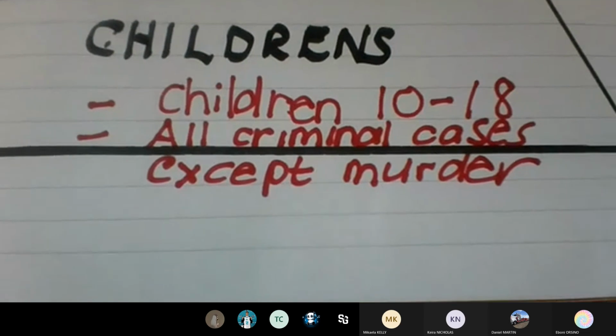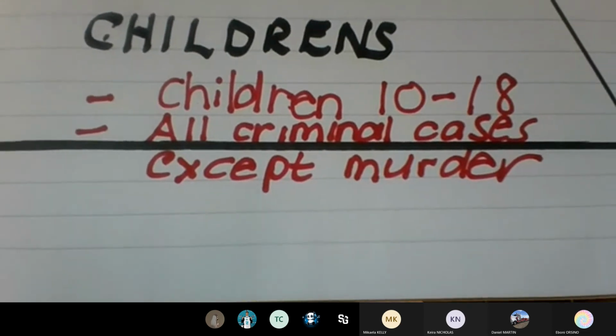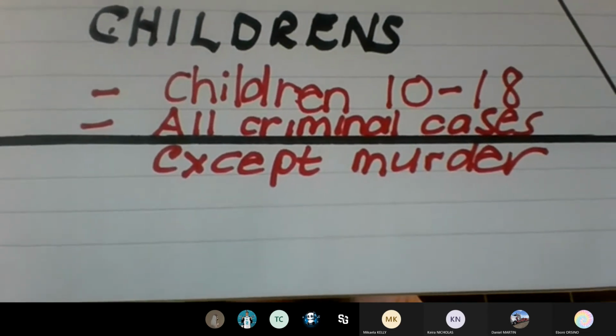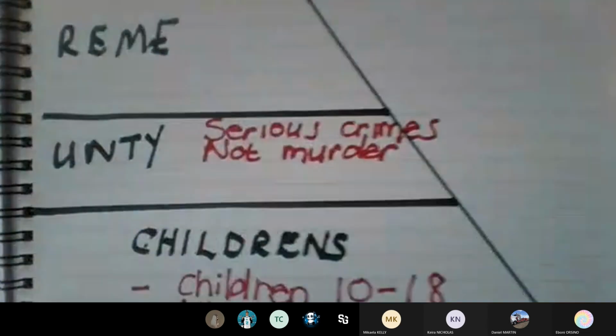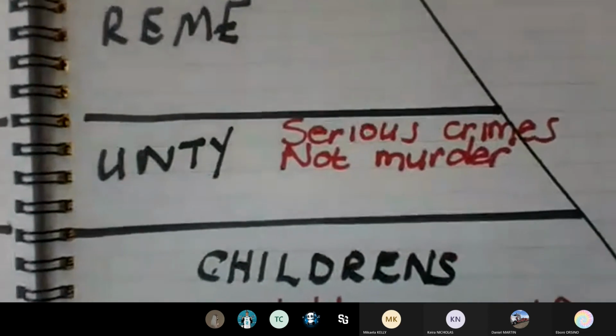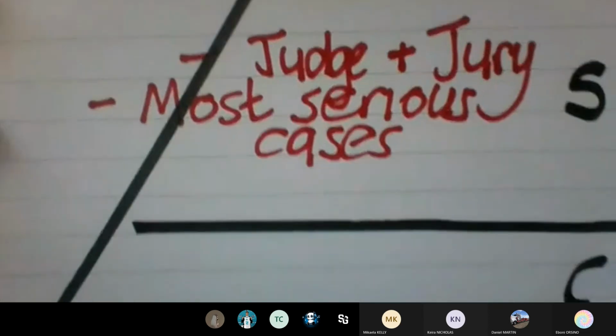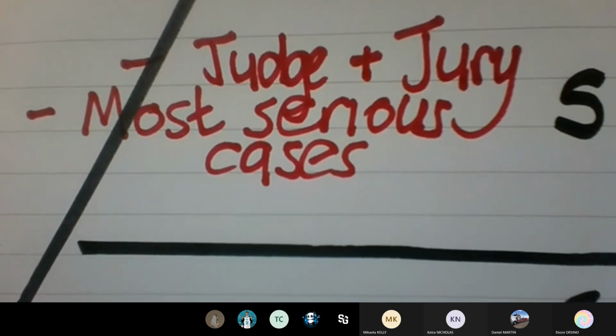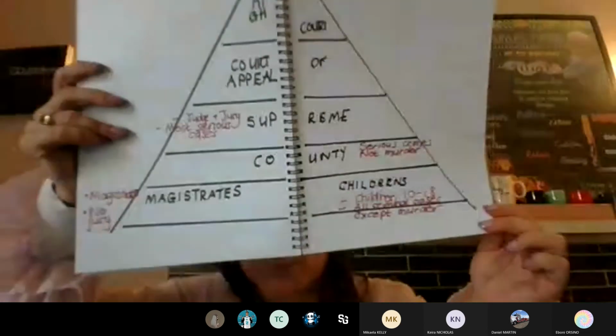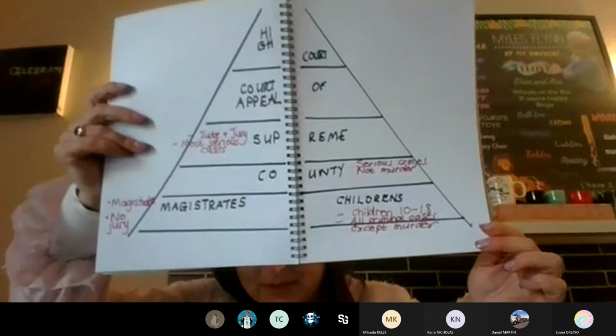Okay, it should say 10 to under the age of 18, and it listens to all criminal cases except for murder. And then next to county court, I've put serious crimes, not murder. Going to the Supreme Court, it has a judge and a jury, and it listens to more serious cases. So any 2 bullet points, it really doesn't matter.